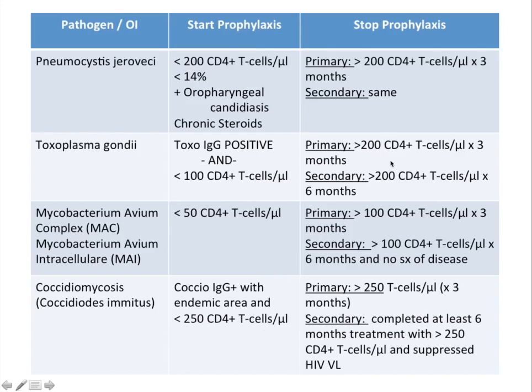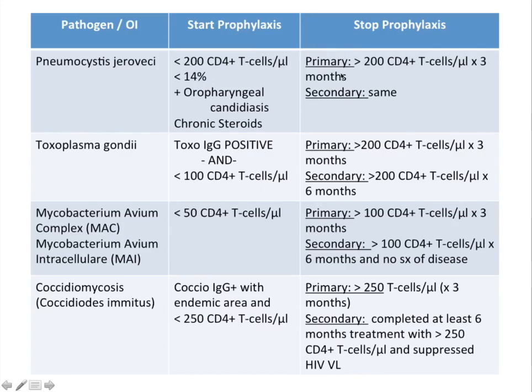And remember the concept of primary and secondary prophylaxis. Primary prophylaxis is when you're preventing a primary infection, right? So you want to start prophylaxis, and I apologize, sorry, this is correct, when you're less than 200 for PCP, less than 100 for toxo, less than 50 for MAC, and for coccidioides, less than 250 in an endemic area with IgG positive.